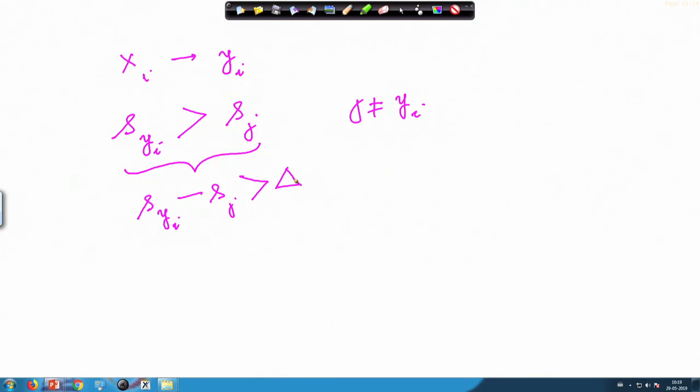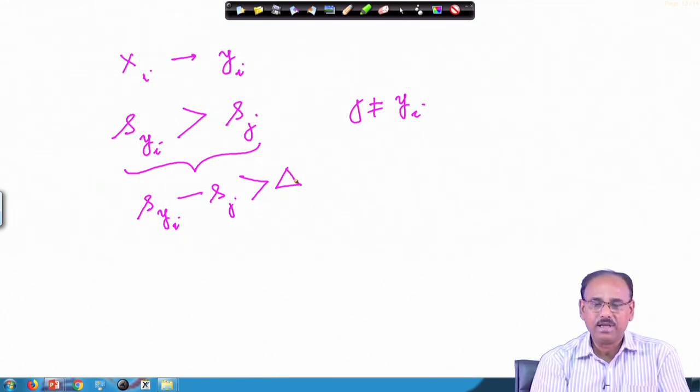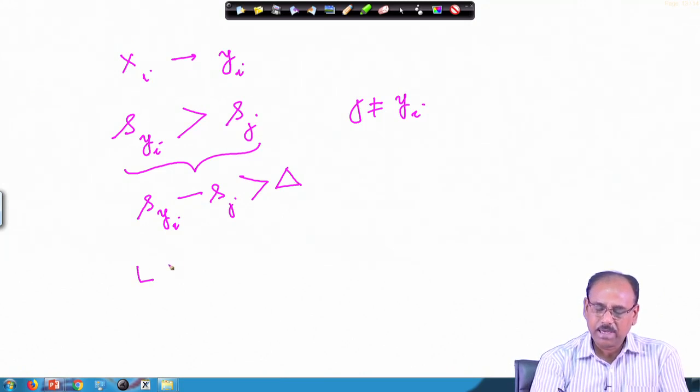That means it is not only that s_yi should be more than s_j, but s_yi should be more than s_j at least by a factor of delta, and only then I will be satisfied, and in such a case I will assume that my loss function will be equal to 0.